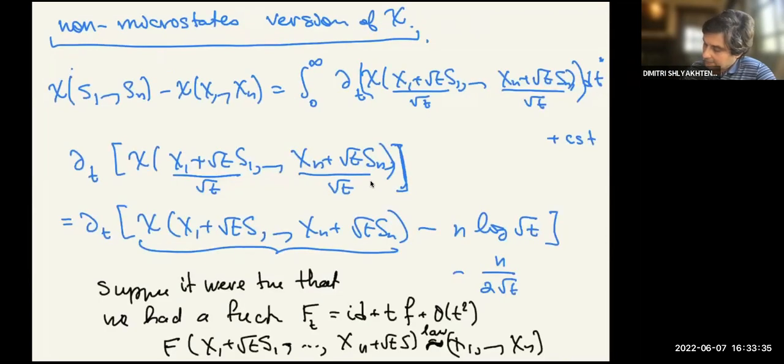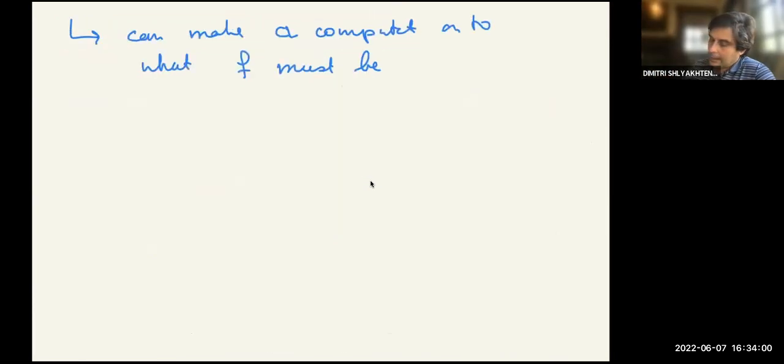So this little f is the linear term in this expansion of f. And the reason I'm saying that f should be identity plus t little f is because, well, you would imagine that since you're making a small perturbation by the semicircular thing, to undo this perturbation, you are in first approximation just keeping the variables as they are, and then you do some kind of further perturbation. So that's why it should be like identity plus something.